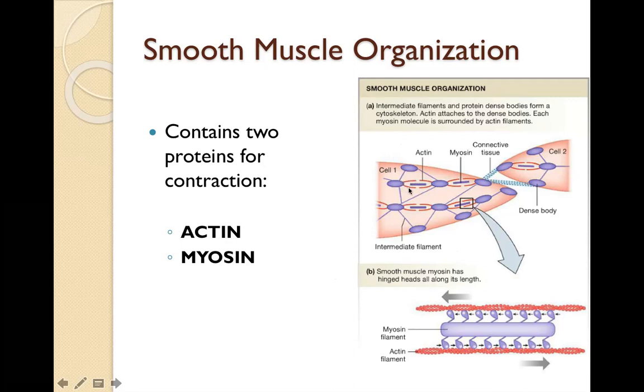And in essence, what that will do is it will shorten the entire muscle cell. And that would be a contracted state. When it relaxes, those myosin heads detach from the actin filaments. And when it relaxes, the muscle cell lengthens again.